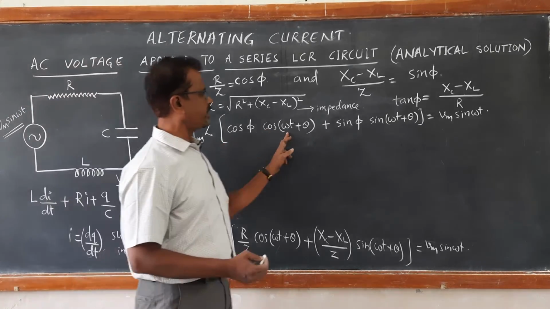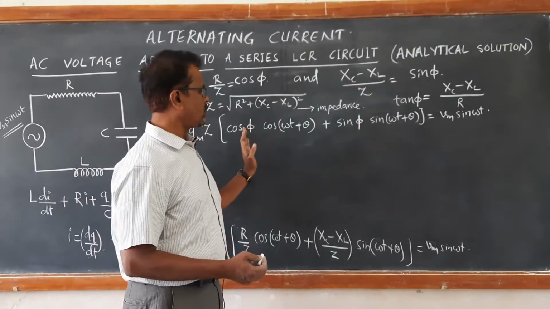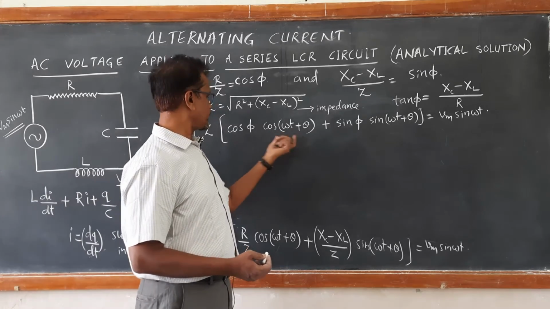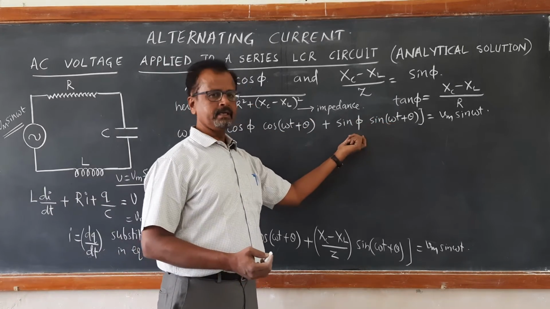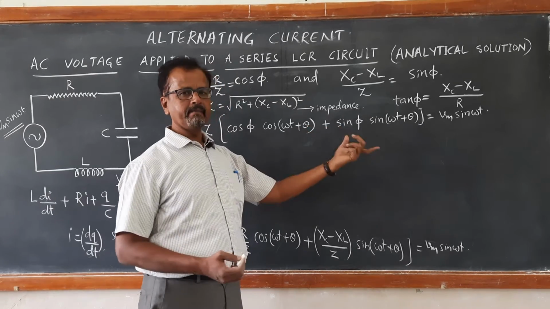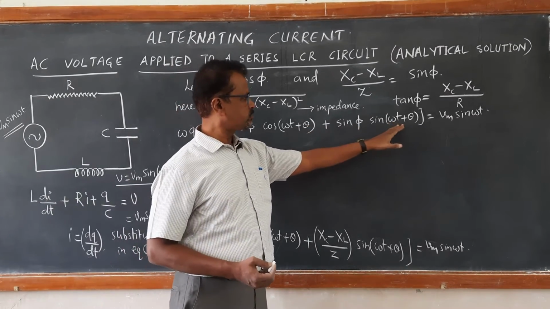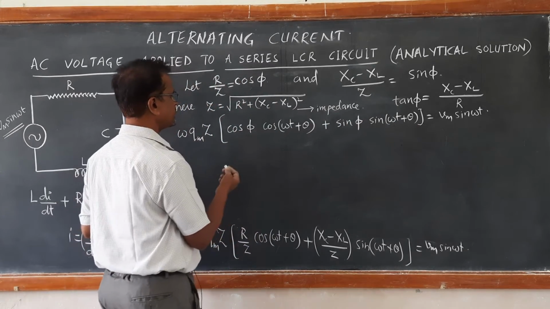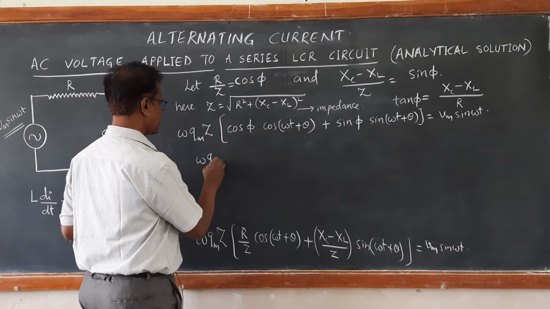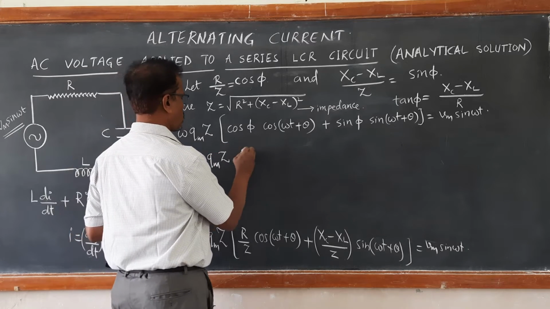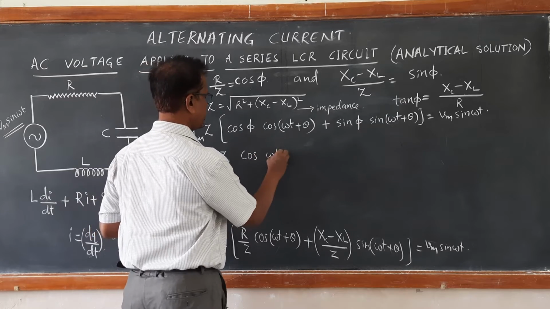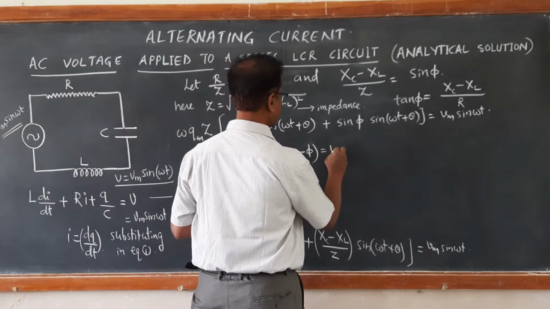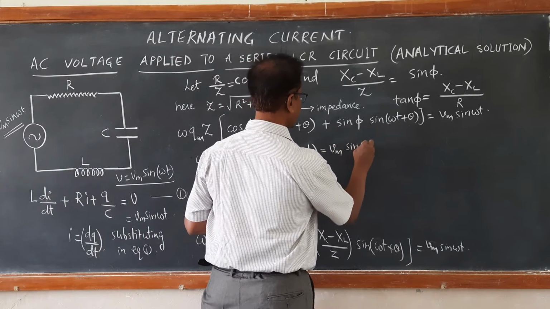Cos A cos B plus sin A sin B is equal to cos(A minus B). Let us take this one as cos A, where A is omega t plus theta and B is phi. Therefore, using that identity, we can write it as cos(omega t plus theta minus phi) is equal to Vm sin omega t.